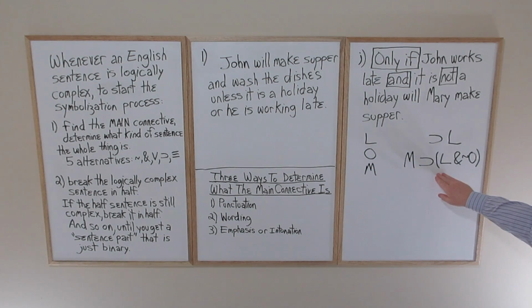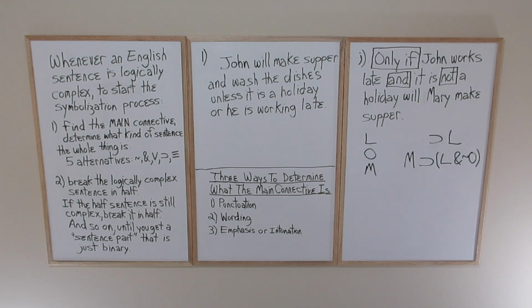So this gives us the symbolization: if Mary's making supper, then John must be working late and it must not be a holiday. Let's consider whether or not this symbolization precisely specifies the form or underlying logical structure of the English sentence.